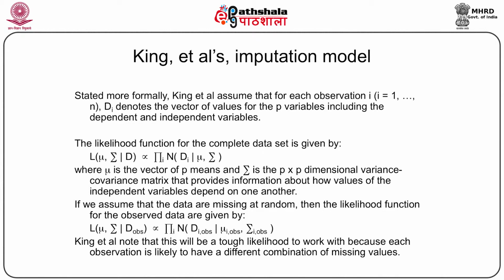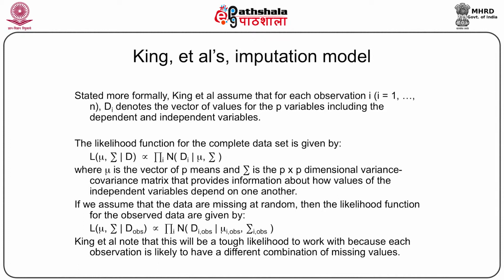Now, there is a specific model we'll talk about called King et al.'s imputation model. To implement multiple imputation, we need a statistical model that we can use to sample missing values. There is a program called Amelia developed by King, and it is our most extensive R alternative.